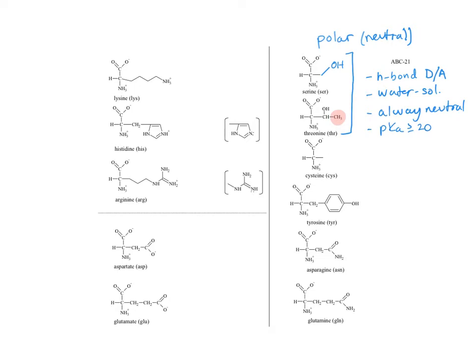Moving on. The next one is cysteine. And cysteine is an awful lot like serine, except instead of having an alcohol, it has a thiol. And that is going to be about the same size as a serine. It's not a great hydrogen bond donor or acceptor, and it's not always neutral either. It can deprotonate.